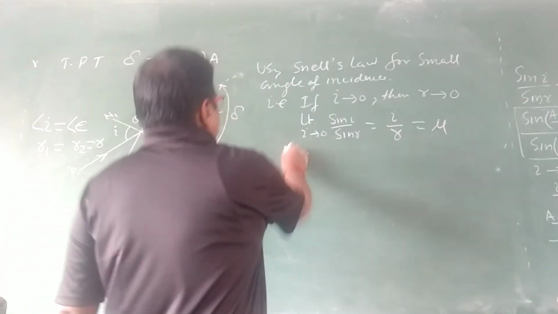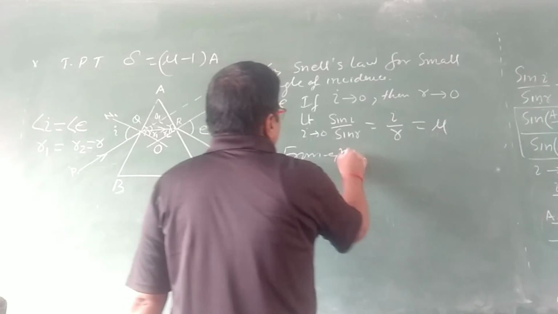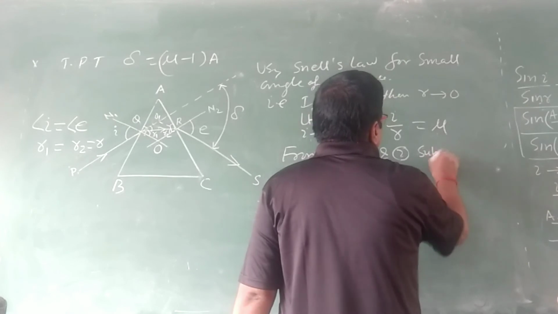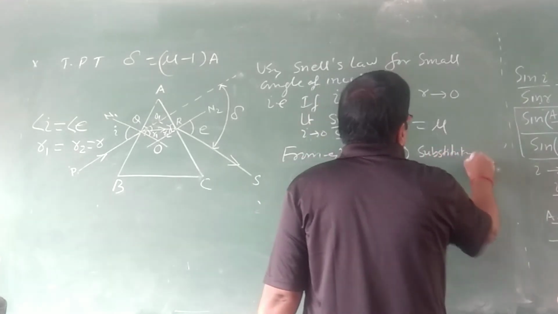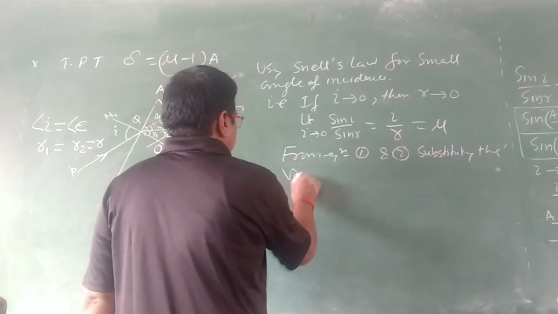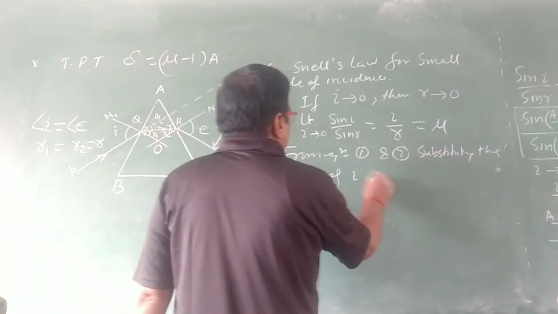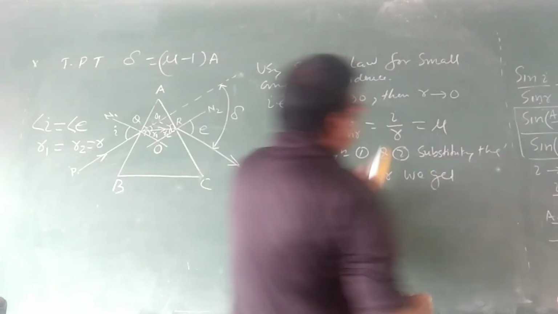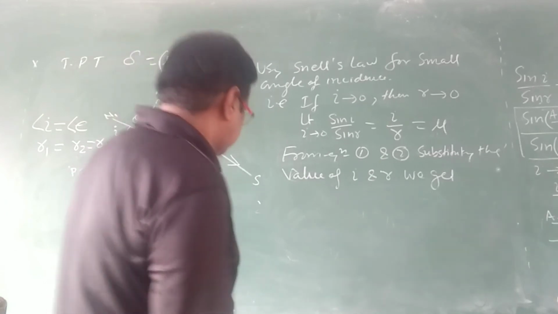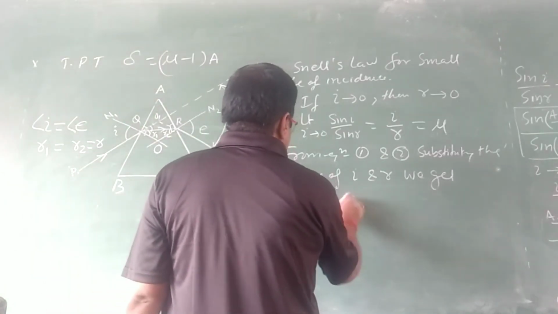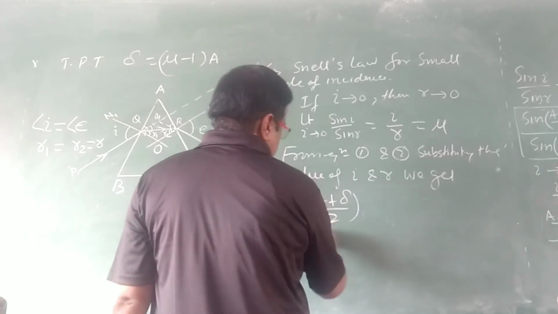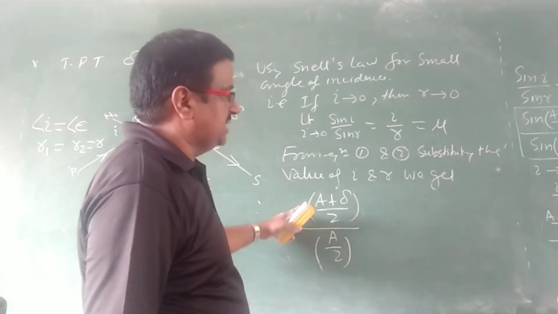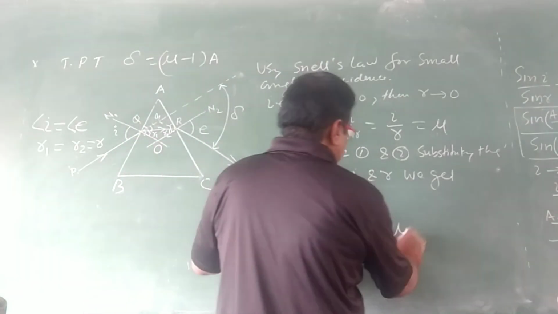So I from equation 1 and 2, we substitute the value of I and R in the above equation. We get I is equal to A plus delta by 2, it was there, and R is equal to A by 2, it was in equation 1, it was in equation 2, and this is equal to mu.